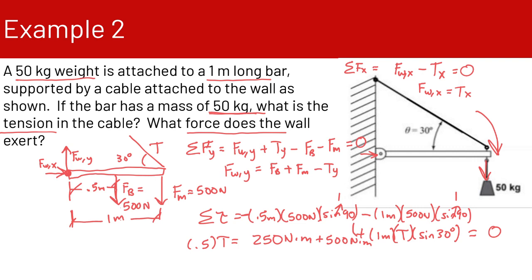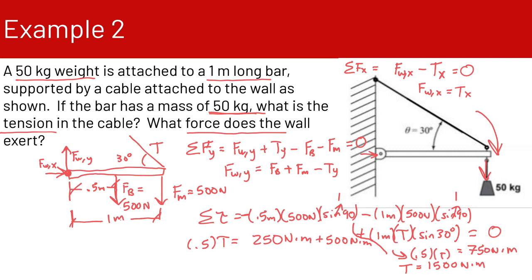Kind of bleeding into this section here. Okay, so let's keep going down here. So we have 0.5 times T is equal to 750 Newton meters. So then our tension force is equal to 1,500 Newton meters.